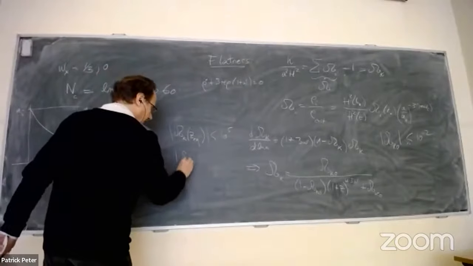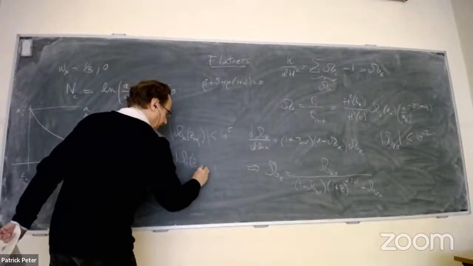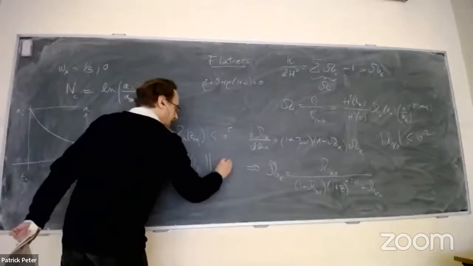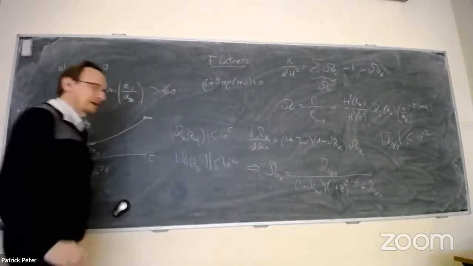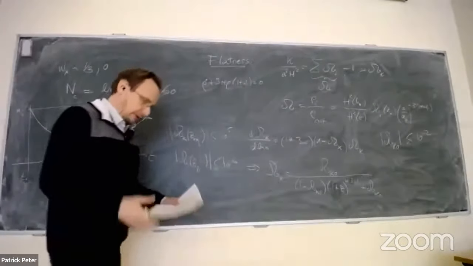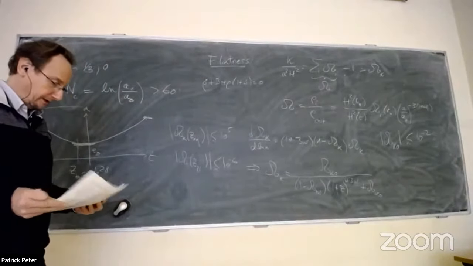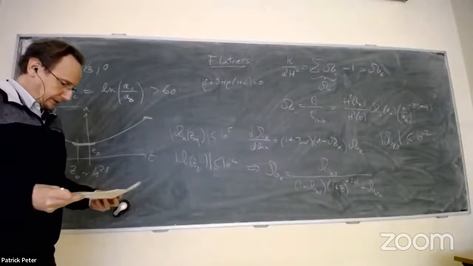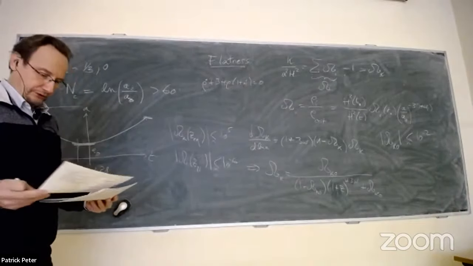But if you really want to go all the way back to, say, the Planck regime, then you find something that has to be of the order of 10 to the minus 60. And now you really have a problem because you really don't know why that would be such a small number.